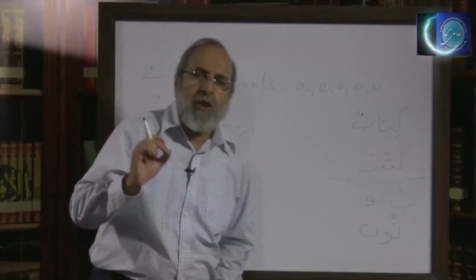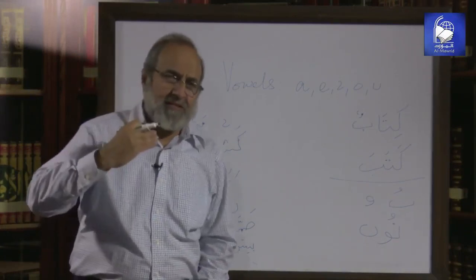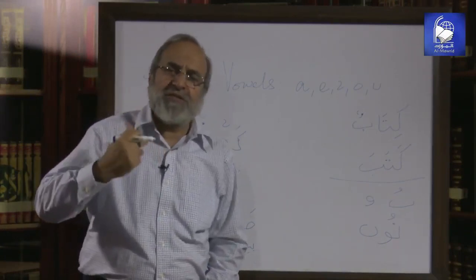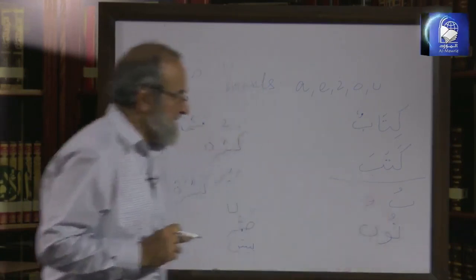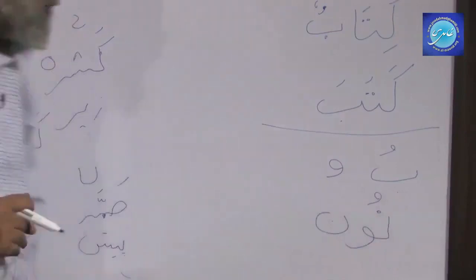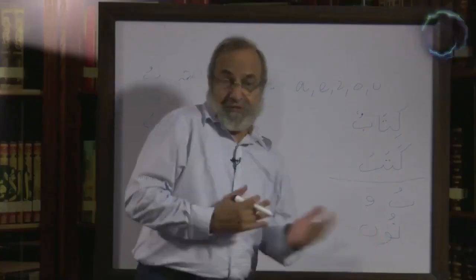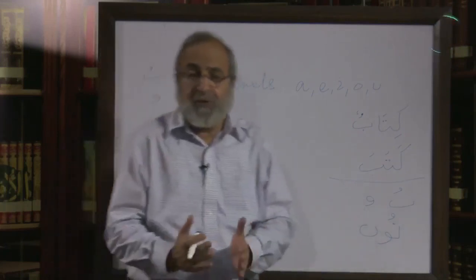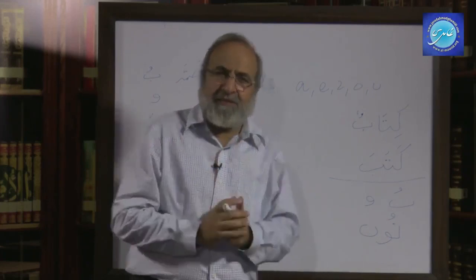Noon has a vowel, the dhamma, equivalent to U. It's immediately followed by vav, which has affinity, the same category as dhamma.